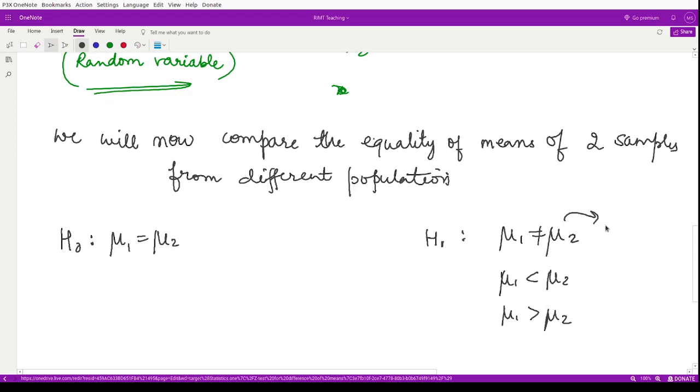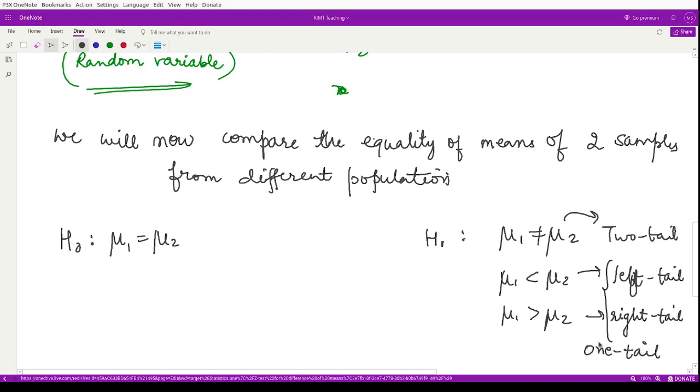If this is the case, we have a two-tailed test. If this is the case, we have a left-tailed test. And in the third case, we have a right-tailed test. These last two are one-tailed tests. Okay, so these are the hypotheses.